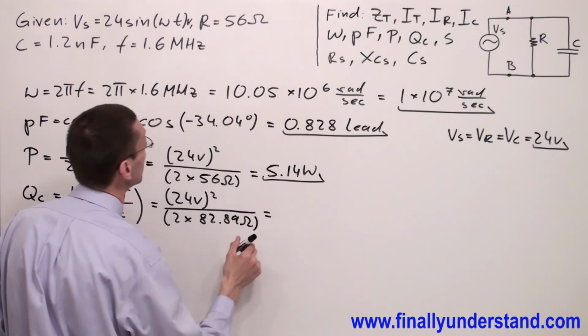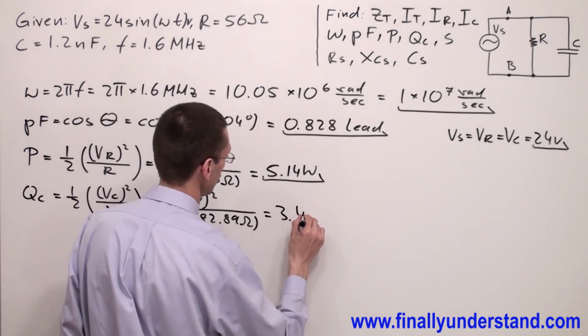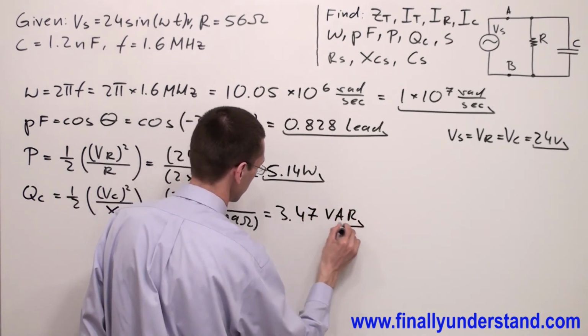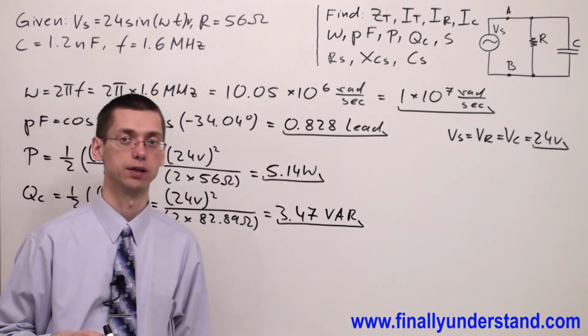Close parenthesis. Everything is equal to 3.47 volt ampere reactive. Okay, so this is the reactive power in my circuit.